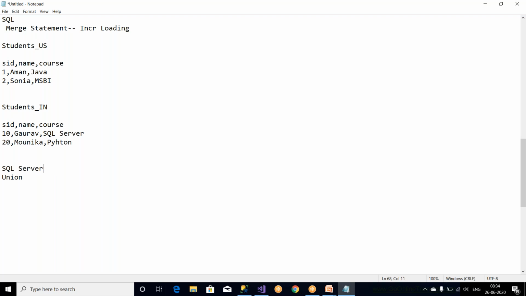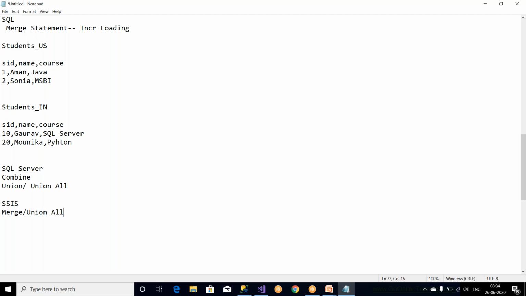In SQL Server and Oracle, we say union or union all. But in SSIS, there is no union. In SSIS, we have either merge or the union all transformation.